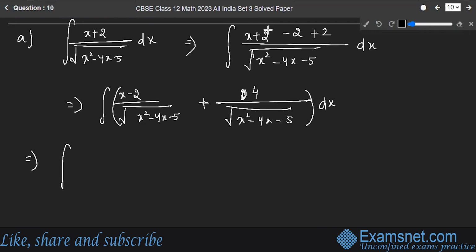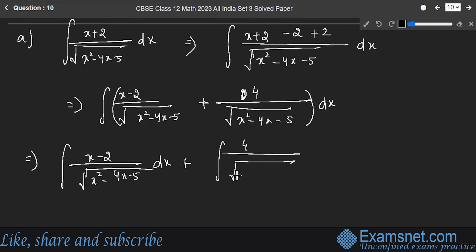I'll do one thing now. I'll do x minus 2 upon root of x squared minus 4x minus 5 dx plus 4 upon root of x squared minus 4x minus 5. I will subtract and add a 4 also from here.